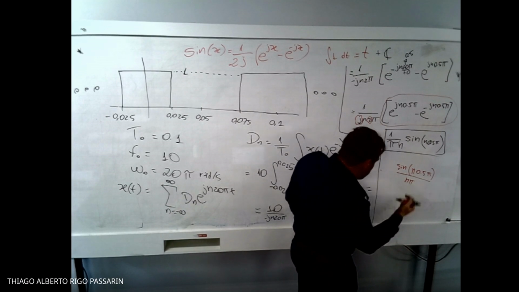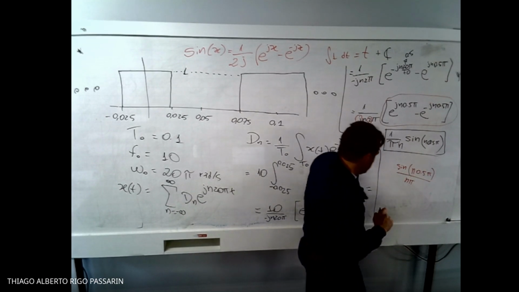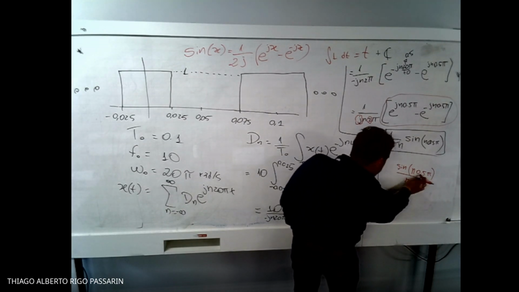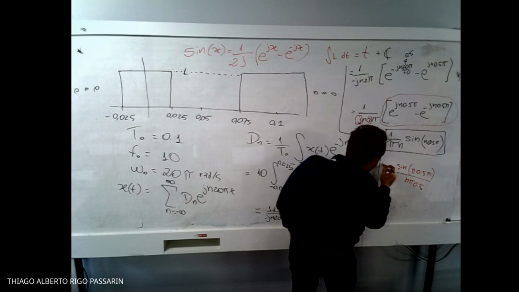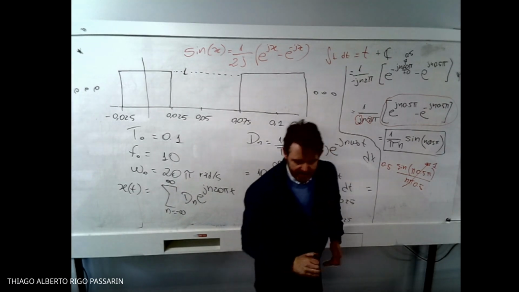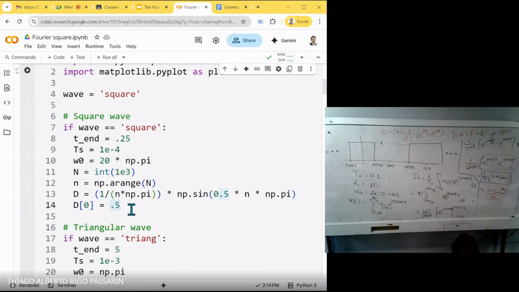The sine of x over x has the limit 1. If I have 0.5 here, I have to put 0.5 here as well, and this limit is 1, so it's 0.5. So for d0, I'm just avoiding 0 divided by 0, so it's hard-coded here.